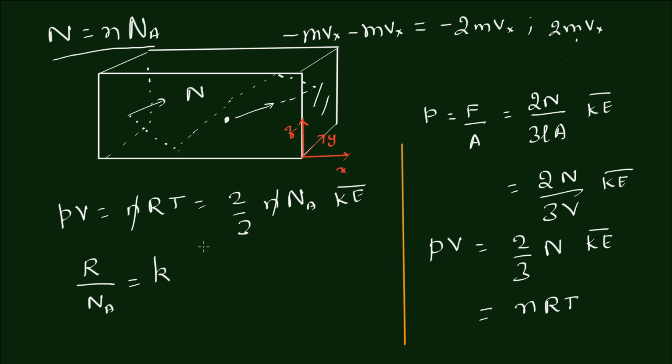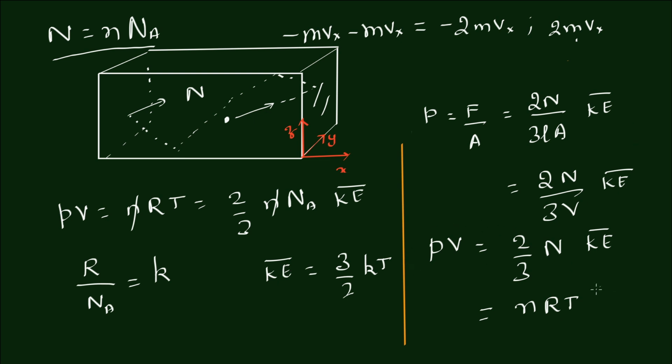So this becomes, take 3 and 2 that side, we get the average kinetic energy is going to be 3 by 2 kT. So what does this tell us? This tells us that the temperature of a gas, up until now we only thought of it as the degree of hotness or degree of coldness or some such thing, and we used a thermometer to measure it. But now we find that the temperature of the gas, remember this is in Kelvin.